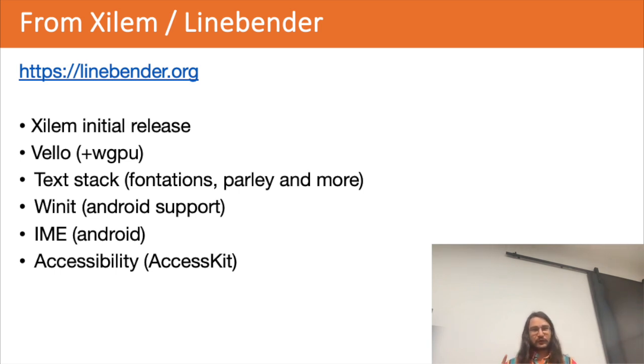So they will be putting work into Winit to improve Android support, and will also be doing IME implementation for Android. Unfortunately, it seems not iOS unless someone else steps up to do that. But hopefully, one's better than none, I guess.